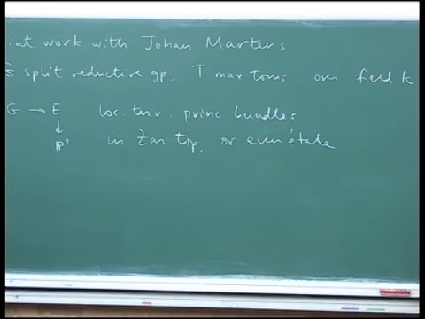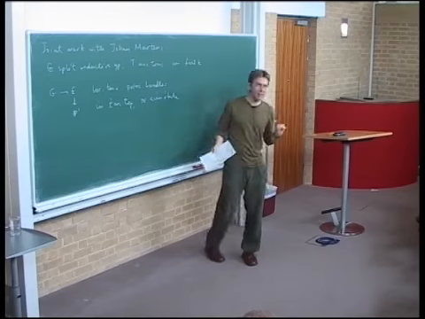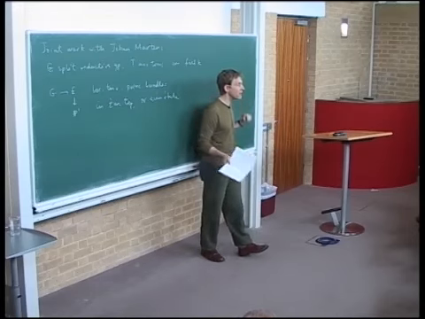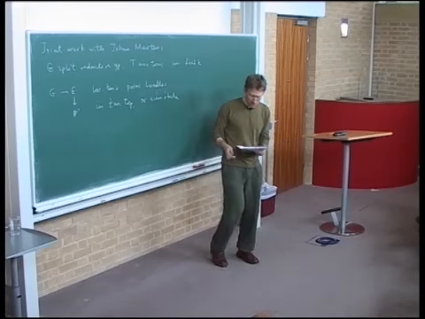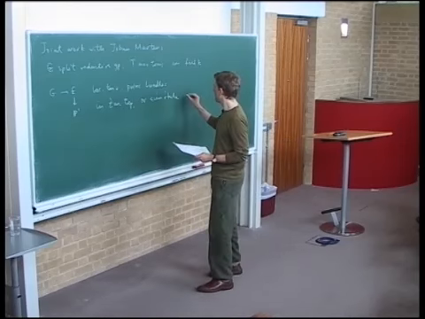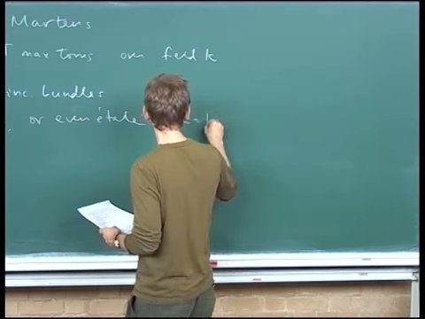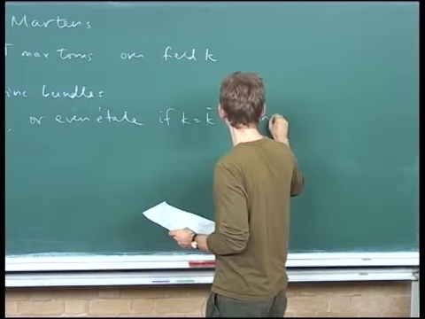I forgot to look up exactly what the correct hypothesis on the field is: that the field of rational functions, k(t), have cohomological dimension 1. That's true when k is algebraically closed, when the characteristic is 0, in a wide range of cases.